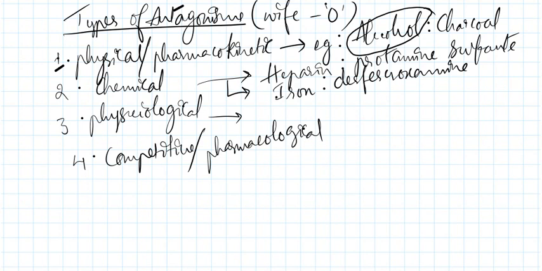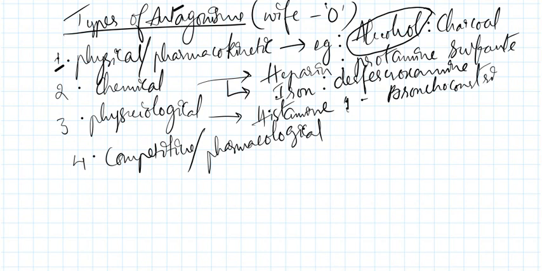Physiological, what you will see? Histamine causes bronchoconstriction, because histamine itself is released in our body by the very own mast cells, which causes bronchoconstriction naturally.